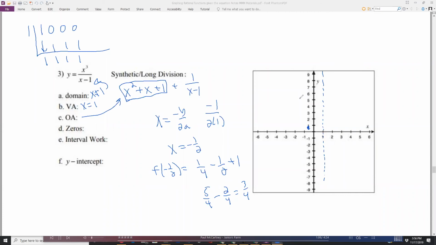I know this is a parabola that opens up, so this asymptote will look something like this. Normally that would cross the x-axis at 1, and then somewhere over here it looks something like that, okay?